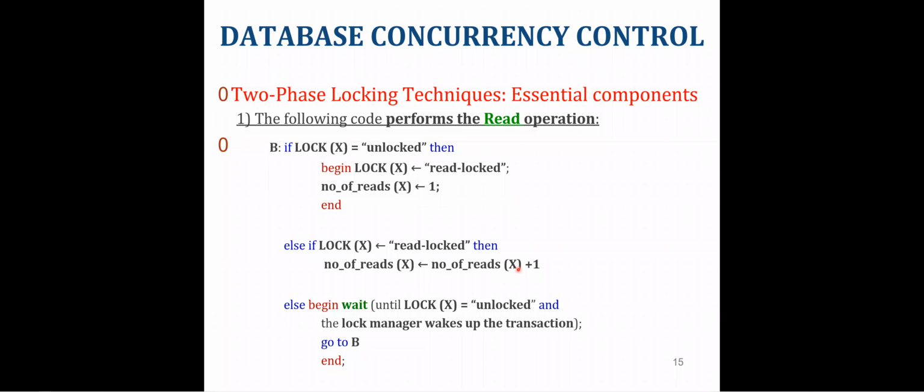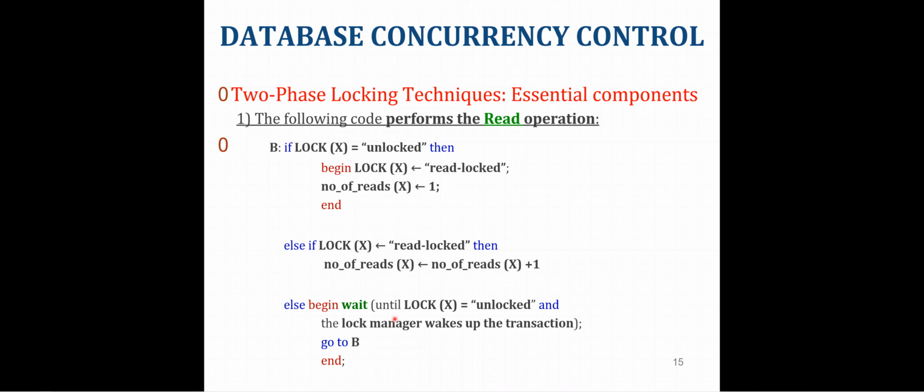So the transaction that issues the read lock knows for sure there is another transaction reading. So you just increase the number of how many transactions are reading. If it is 4 transactions reading X simultaneously at the moment, now it will be 5.